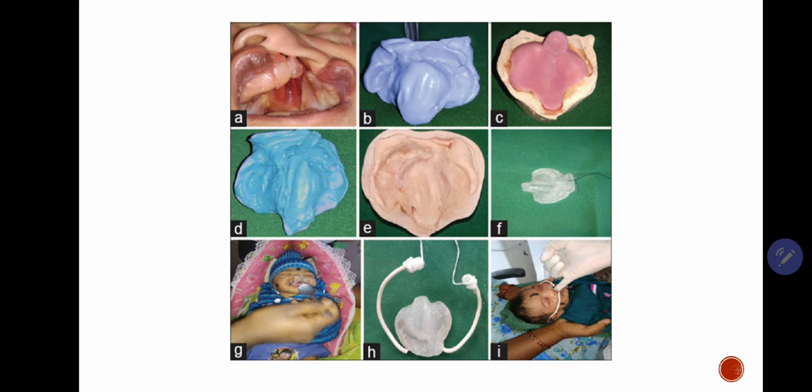These attachments are fixed to the cheeks of the infant such that they don't move in the oral cavity. It prevents the intraoral appliance from moving, and holds it in position. These two are attached to the cheeks and a plaster is placed on the cheeks.